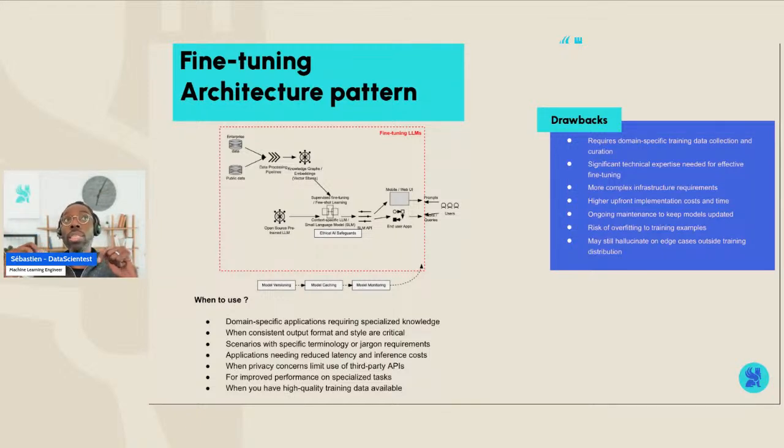But with fine-tuning, this is reduced to almost zero because the model will be adapted to a specific behavior specifically for your need. So we will use this when consistent output format and style are critical, because you will train your model to always deliver output in a certain way and in a certain manner as well.